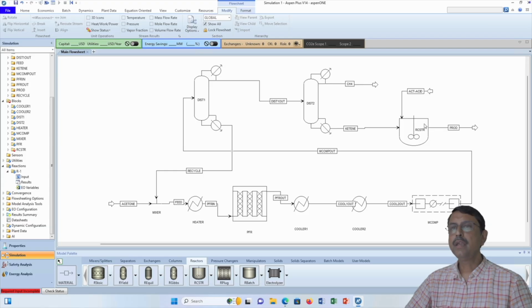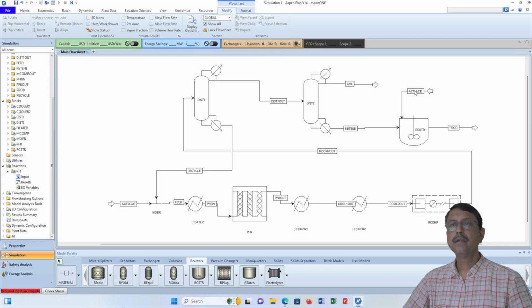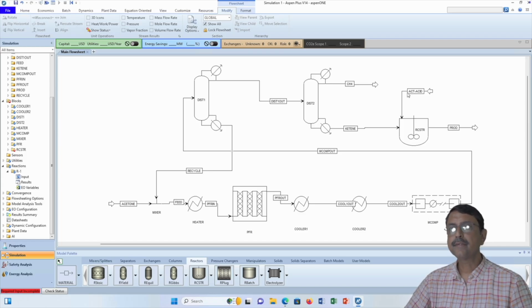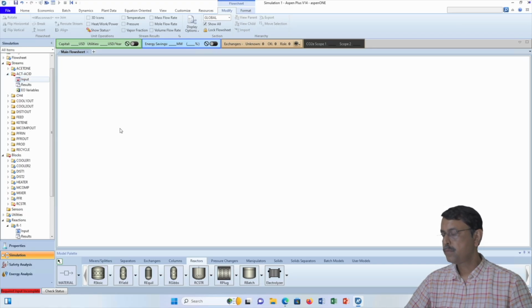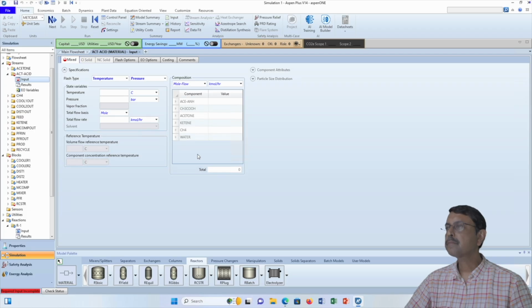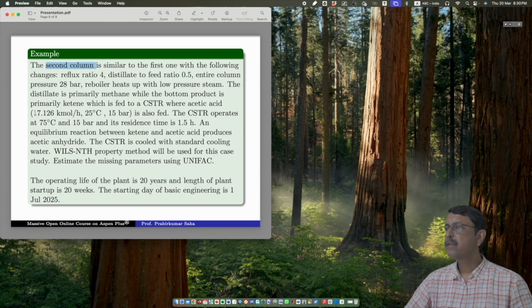Okay, now we have to specify the particulars of acetic acid. So let us open this one, input. It says 17.126 kilomole per hour, 25 degrees centigrade and 15 bar.